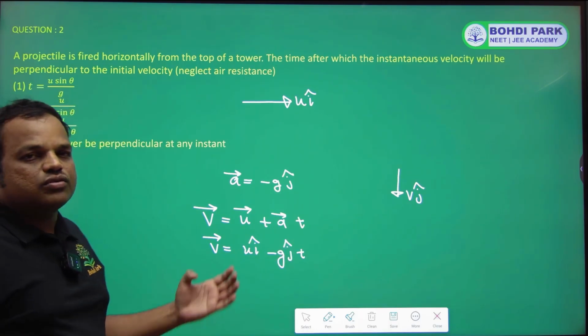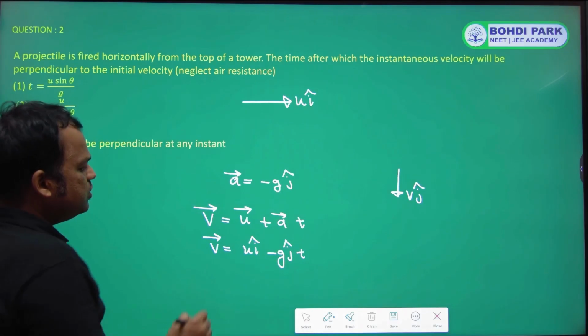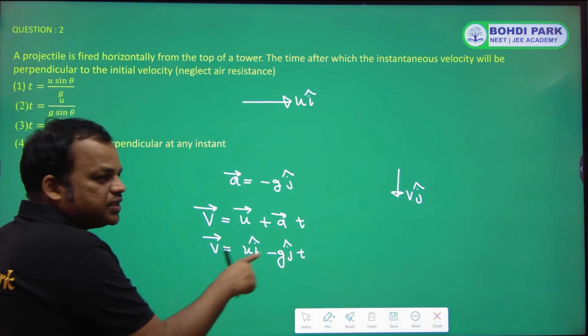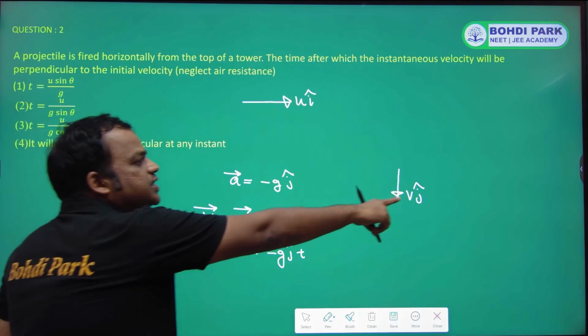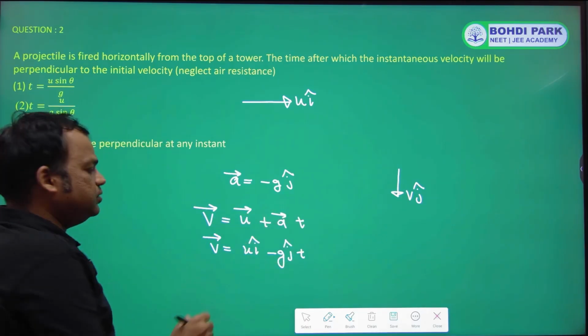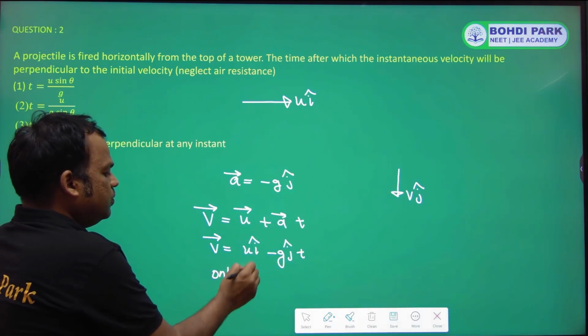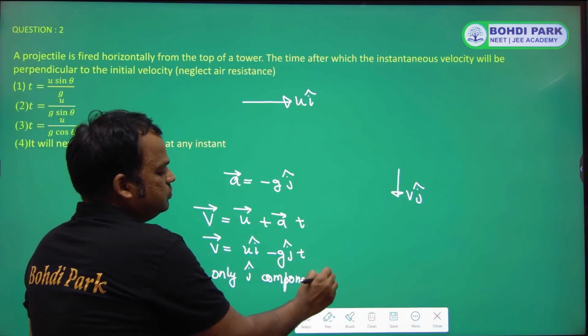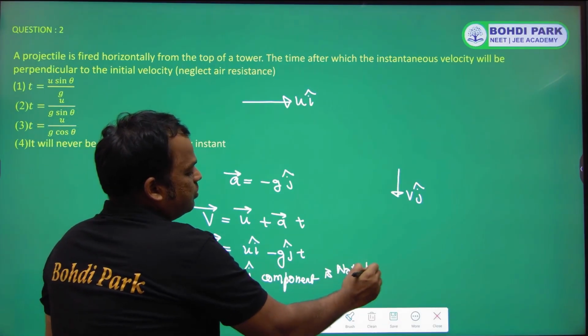Time is always increasing, so we have both i and j components. Only a j component is not possible.